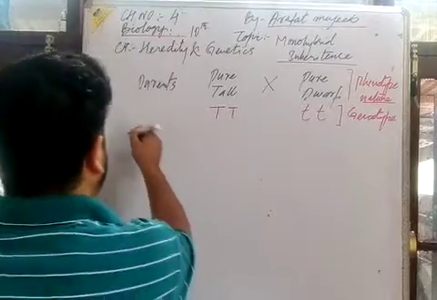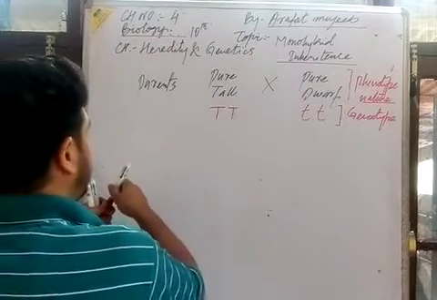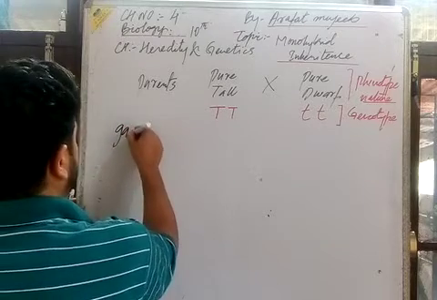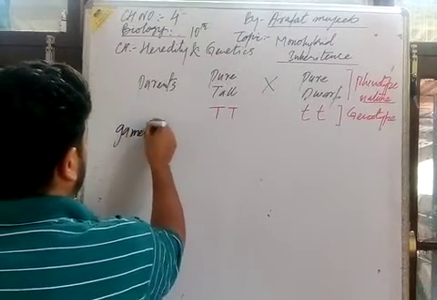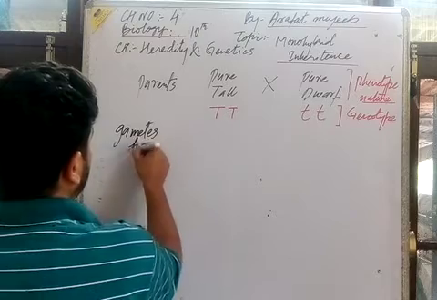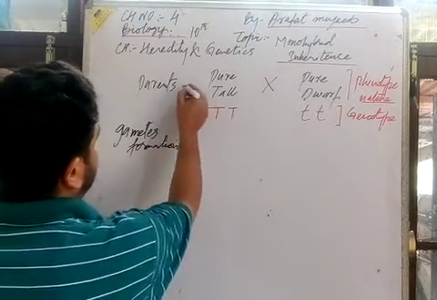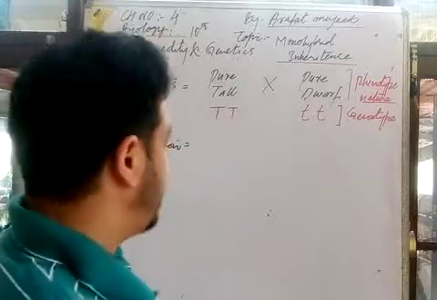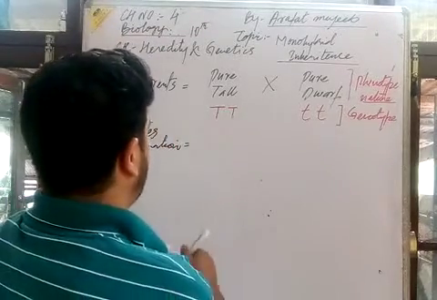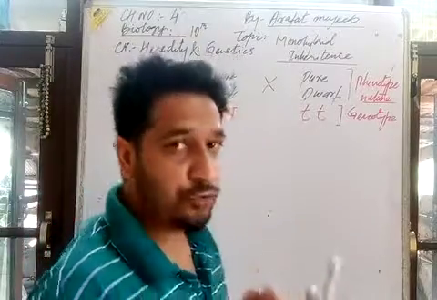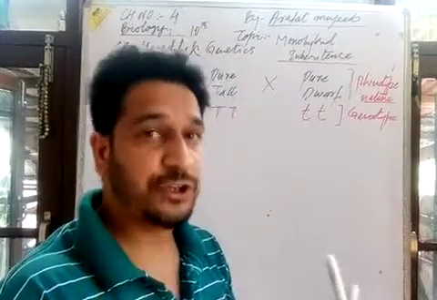Now here is the gamete formation. We can see the gamete formation takes place here, during the process of gametogenesis. Here the pair of factors separate out according to the law of segregation of gametes.